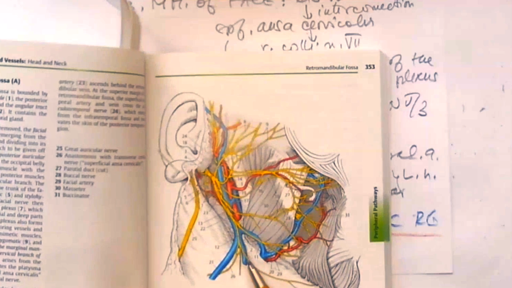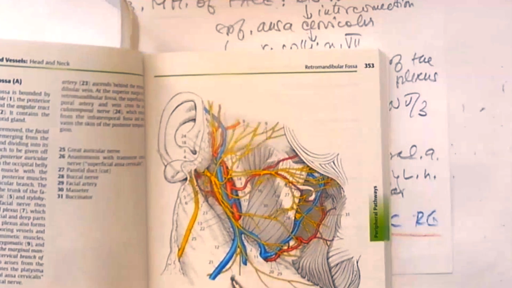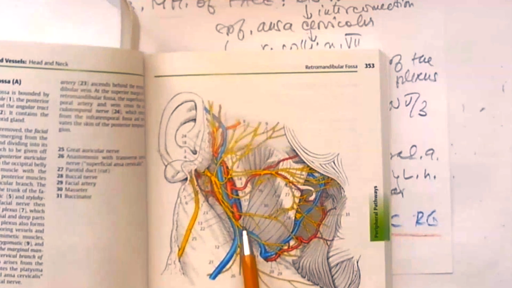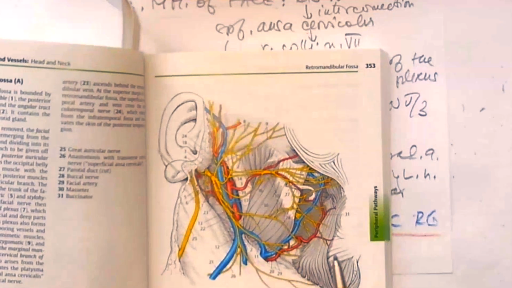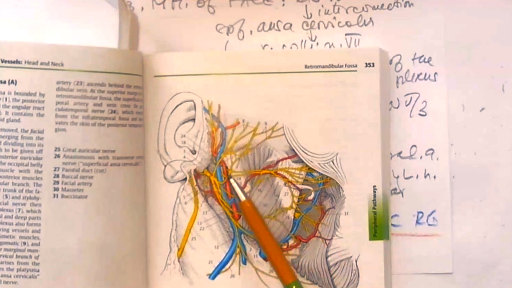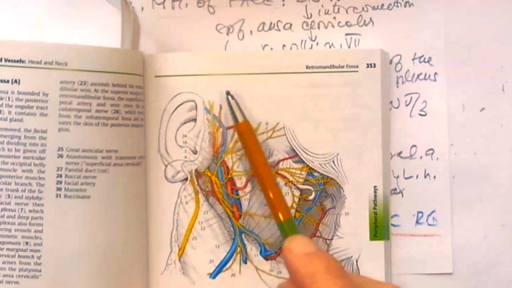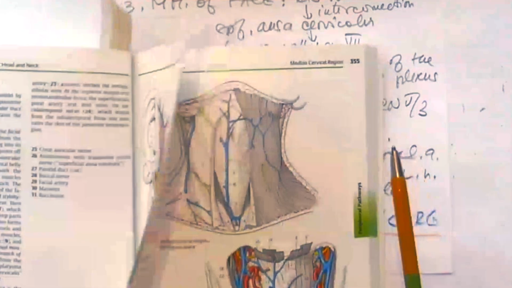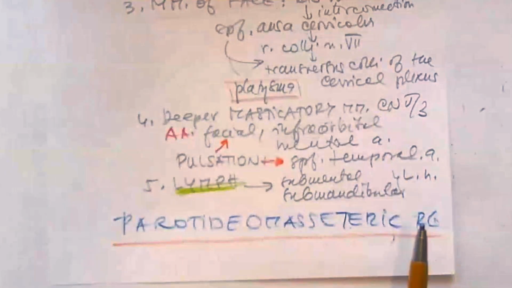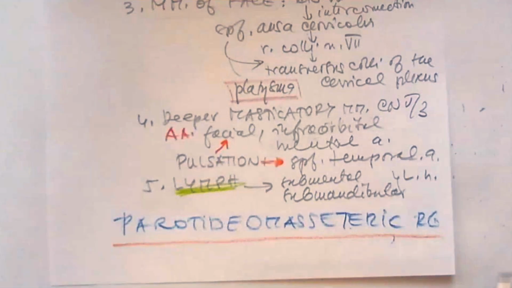Here is the ramus colli. We said that ramus colli descends, forming the ansa. Here is the ramus marginalis of mandible, crossing the vein and artery, and then dorsally, posteriorly, ascends in the region also the superficial temporal artery and vein. So this could be all to that.